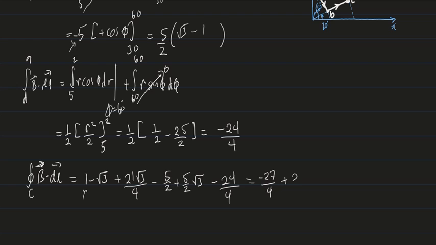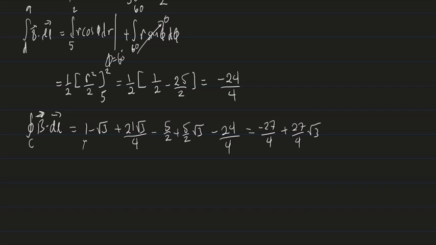So I have plus 27 over 4 square root of 3. And if you take 27 over 4 as the common factor, you will get 27 over 4 multiplied by square root of 3 minus 1.